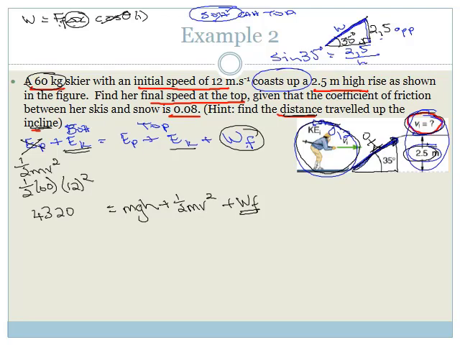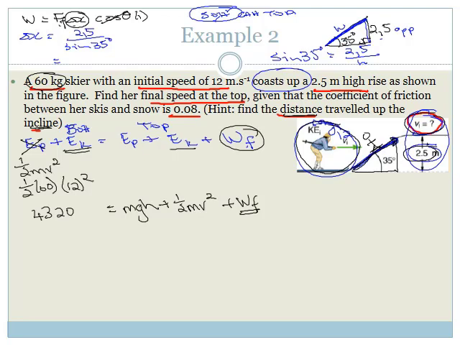Therefore, the length, this distance, delta x, is going to be, I need space, let's write it over here. Delta x is going to be equal to 2.5 over sine of 35 degrees, and we pop that in our calculator.